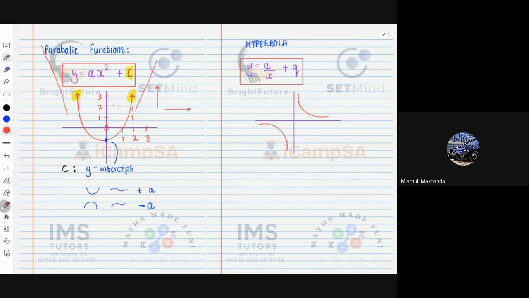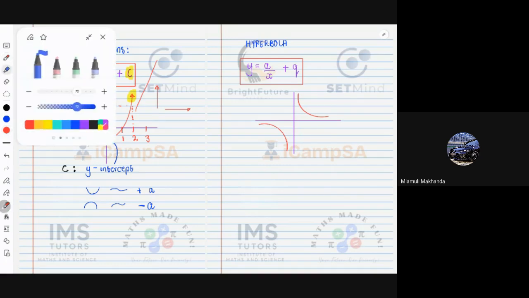And something that you should note here, even though we are not getting into it right now, is that this hyperbolic function has some places that it doesn't touch, which is a contrast when you compare it with the parabolic function, where we were talking about the intercepts, whereby the function will cut the x-axis or the y-axis. Here we have something different, whereby there are some places that the graph doesn't touch.